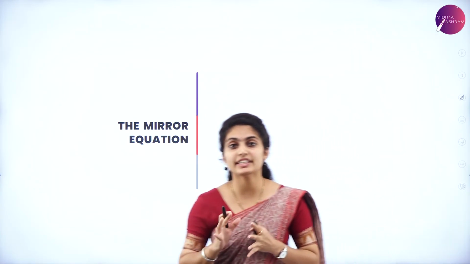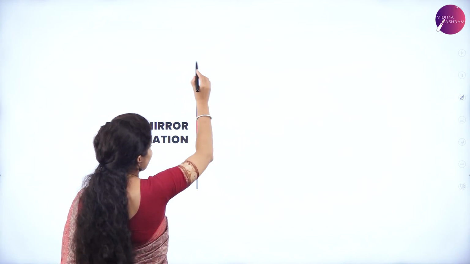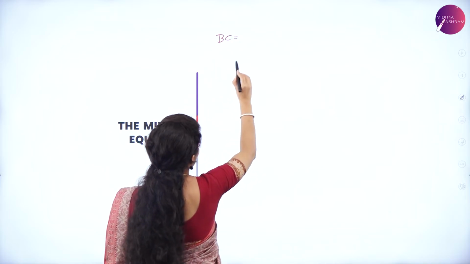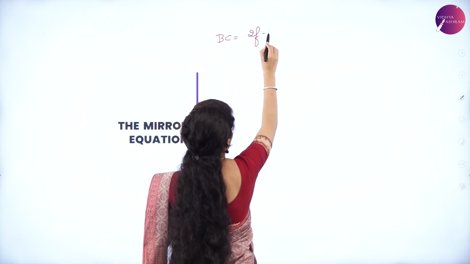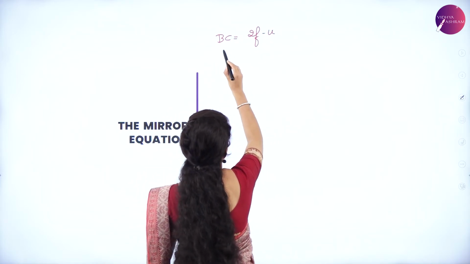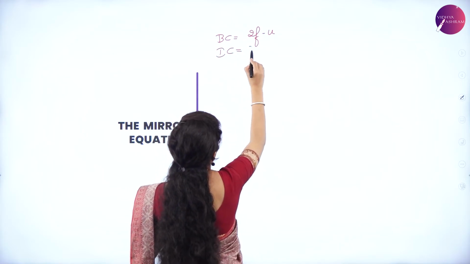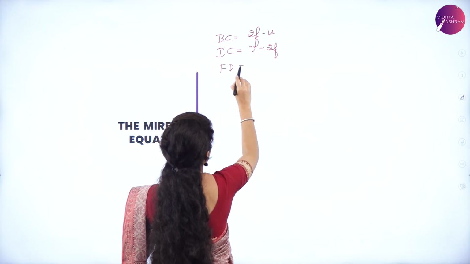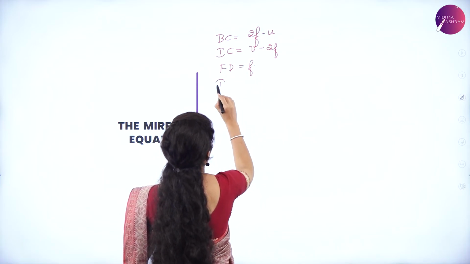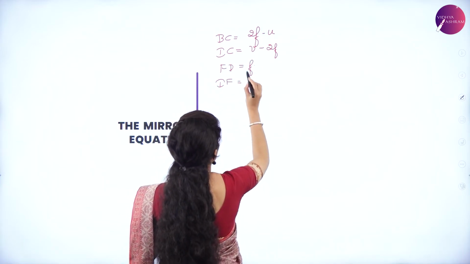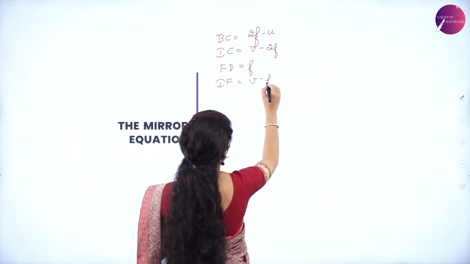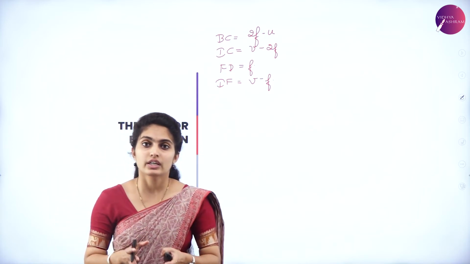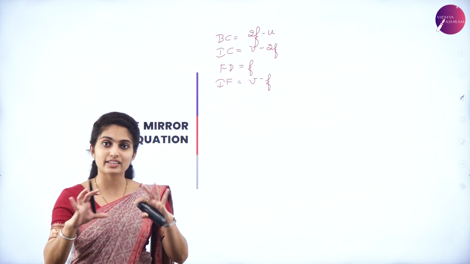So let me rewrite the equations. BC is equal to 2F minus U, IC as V minus 2F, FD as just F, and IF as V minus F. Having this set of equations, we will have to equate for equation 3.